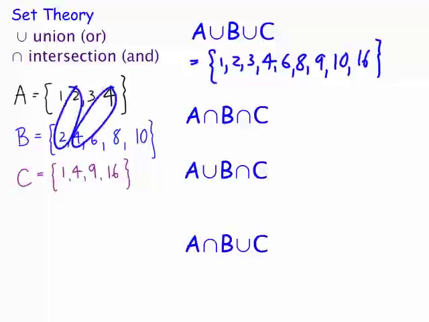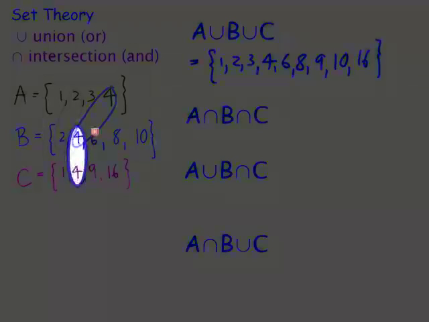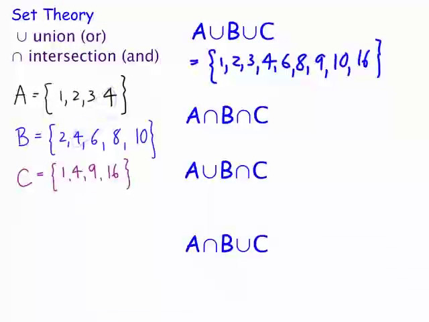These are the ones in the intersection. Then which ones intersect with C? Hopefully you can see that it's only the 4. The 2 is in A and B, but the 2 is not in C. The 4 is in A, B, and C. So this one is only one element, which is the 4.